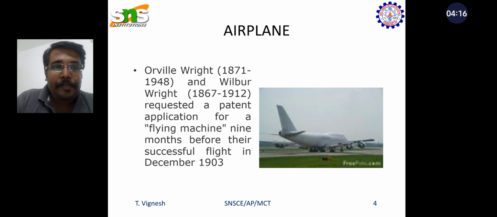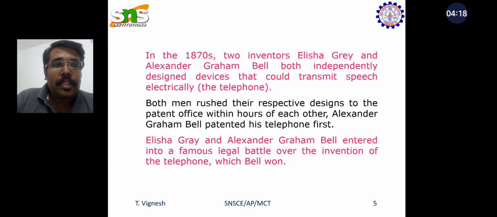In the 1870s, two inventors, Elisha Gray and Alexander Graham Bell, both independently designed devices that could transmit speech electrically. That means the telephone we are using. In general, we know that Alexander Graham Bell invented the telephone, but two people had successfully and independently designed their devices as a telephone.